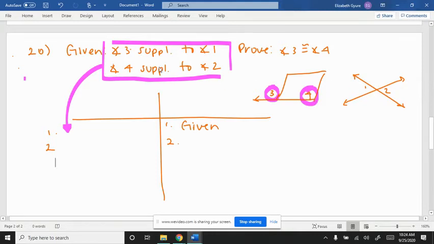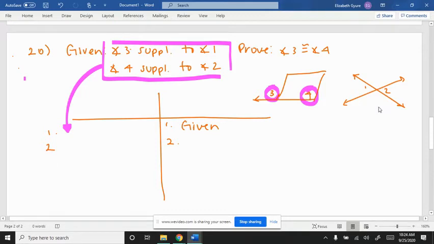If angles are supplementary, what are we going to be able to say about them? They add to be 180. So won't both of these add to be 180? Is it ever a coincidence when two equations equal the same thing in a proof? No. We'll be able to then set those two equations equal to each other, right? Then, what kind of angle relationship do we have here?